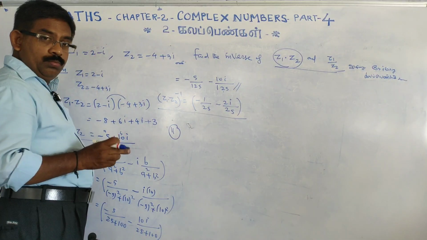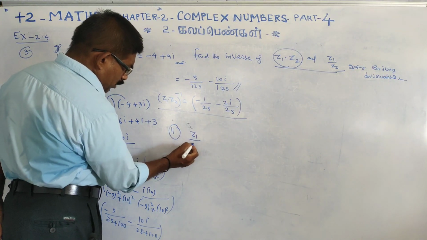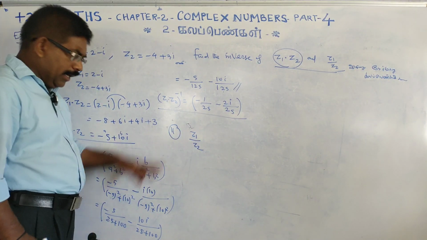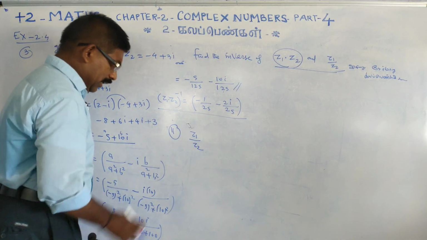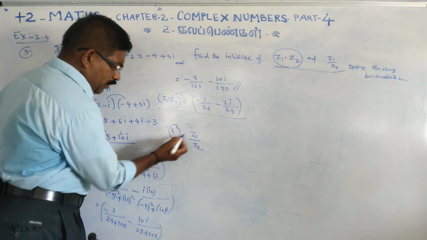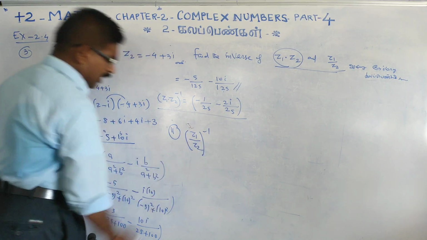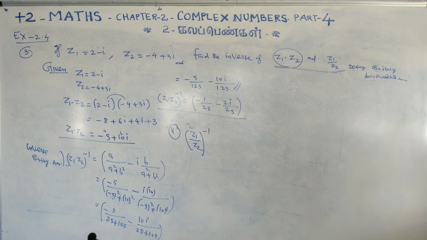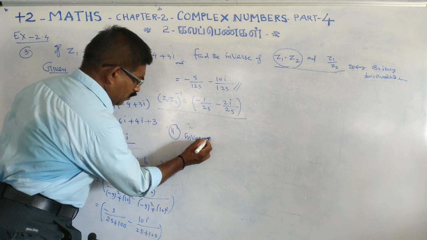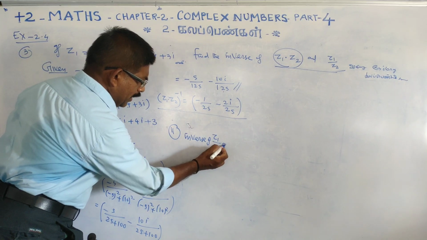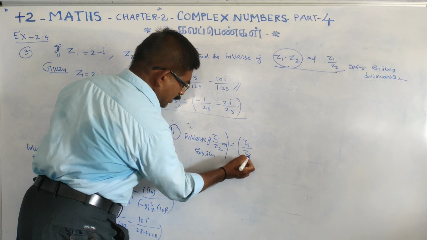So, second question: z1 by z2. We have to find its inverse. There are two methods. First, you find z1 by z2, the division, and after that find the inverse. Another method: directly we find the inverse of z1 by z2, that is z1 by z2 power minus 1.